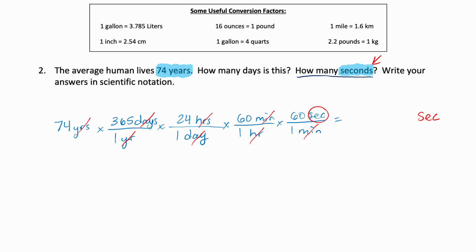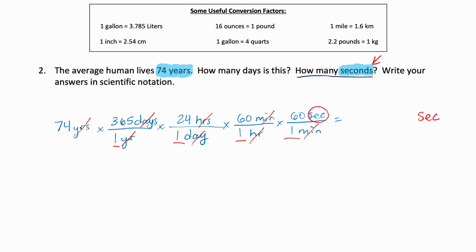And then you'll notice that everything in the denominator is a 1, so we're not dividing by anything. Everything is going to be multiplied. So in your calculator, do 74 times 365, press equals, times 24, press equals, times 60, press equals, and then times 60 again.